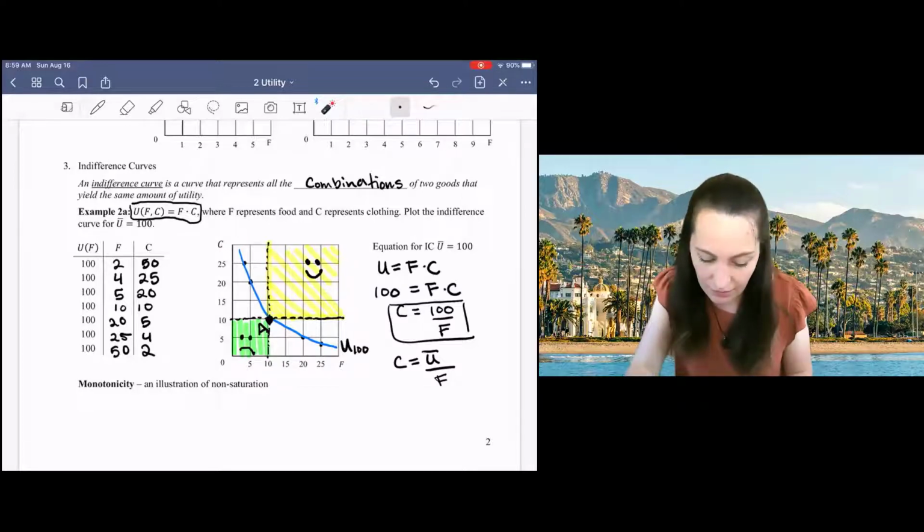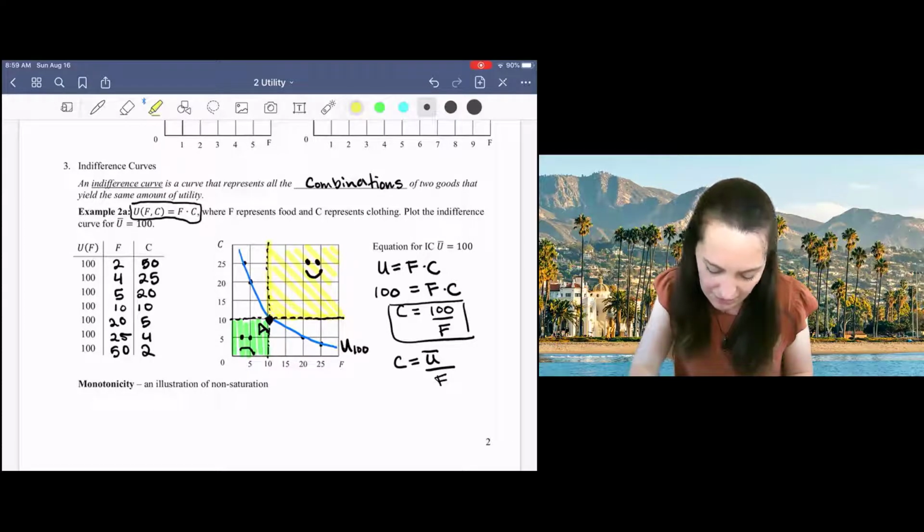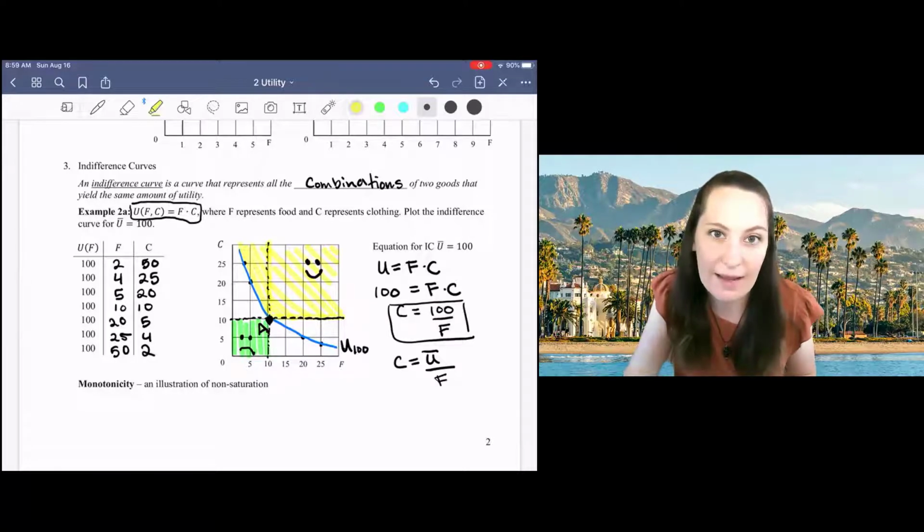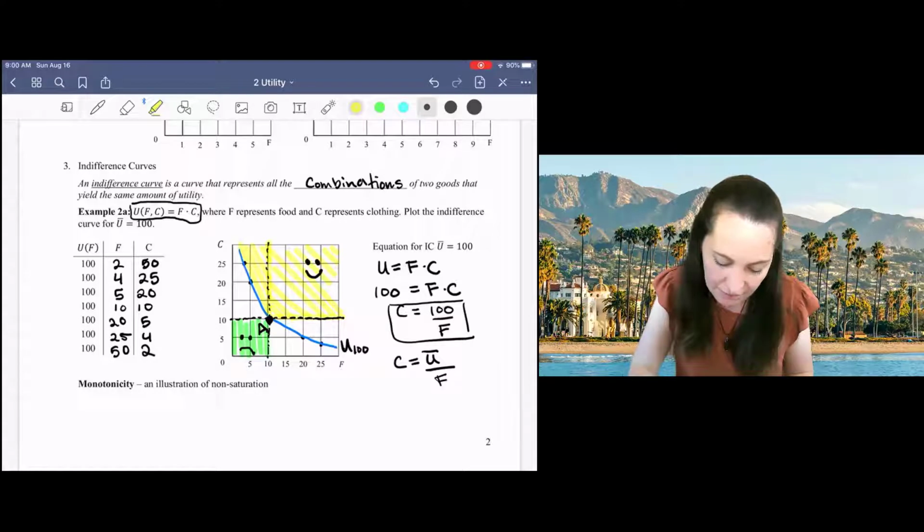And you can tell just by looking at where we are relative to the indifference curve, right? Because I know that along that blue line, I'm just as happy as at point A. And so anything above that blue line is going to make me happier. And anything below that blue line is going to make me sadder.